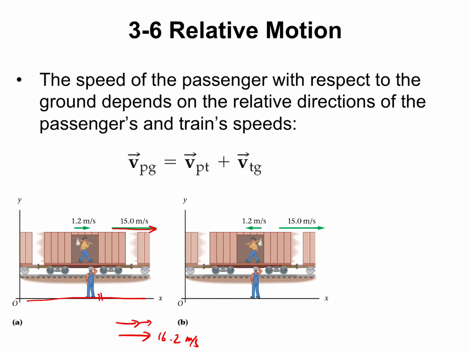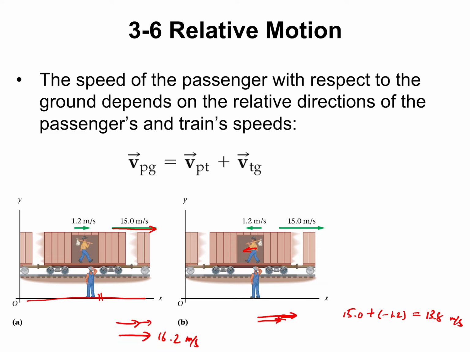Well, if this guy on the train actually moves backwards, then in this case, 15 meters per second plus negative 1.2. So the yellow shirt guy relative to the platform is this: 15 plus negative 1.2 equals 13.8 meters per second towards the right.